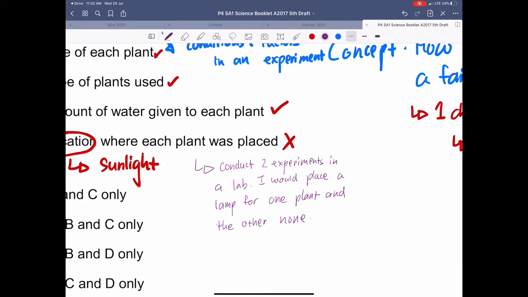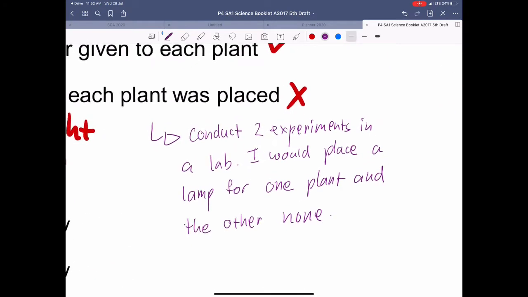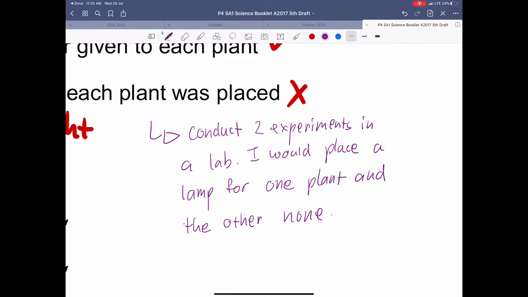Of course, I keep the plants well separated, in 2 similar labs, because when I close the lab door, we assume that it's totally dark. So I have 2 separate labs, but they are exactly the same. For one of the plants, I provide a source of light. I know some of you are going to say, but the light would also give off heat. But it's negligible. That means we can ignore it because it's a very small amount.